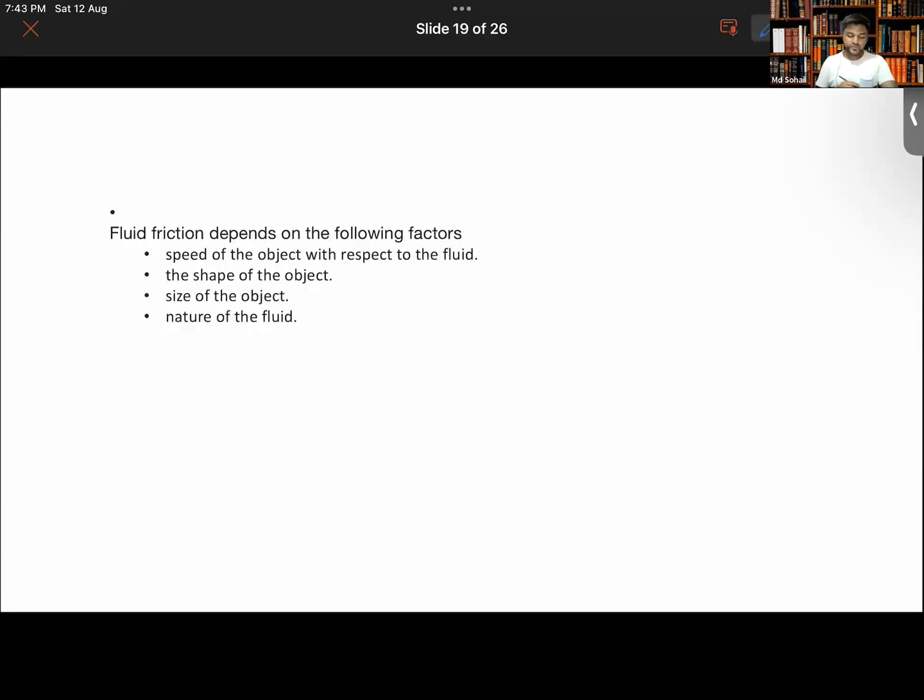One more thing, fluid friction depends on certain factors. For example, the speed of the object relative to the fluid, the shape of the object, the size of the object, and the nature of the fluid. Different fluids have different viscosity. For example, honey, water, petrol, or grease.